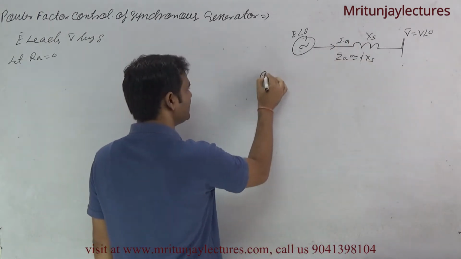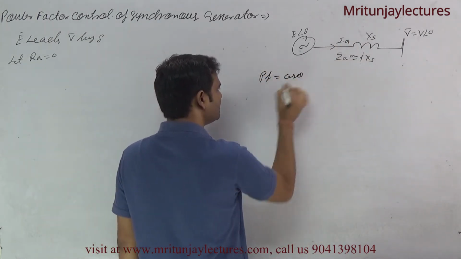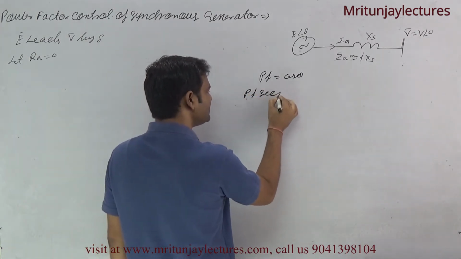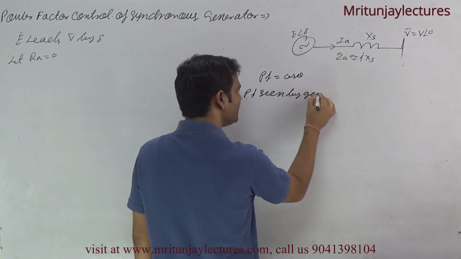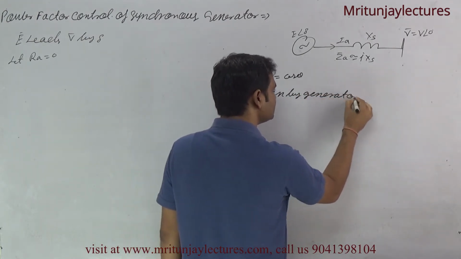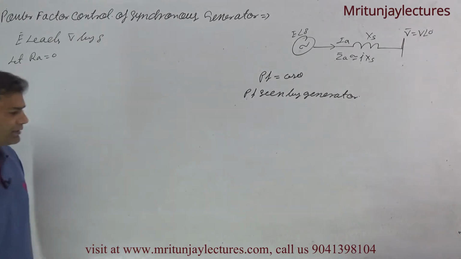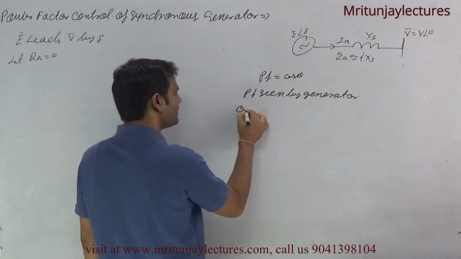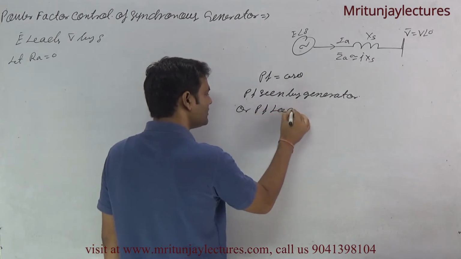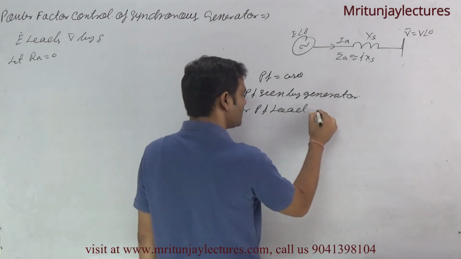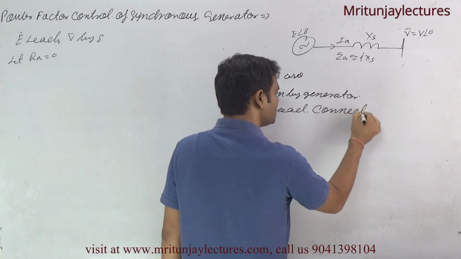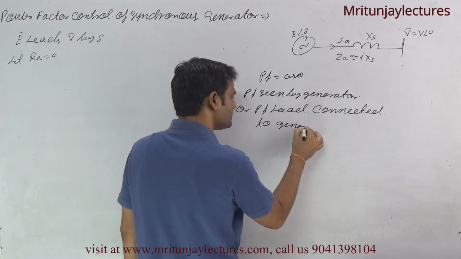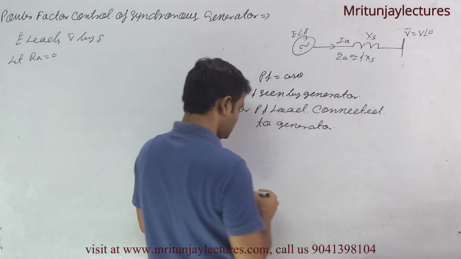Now power factor cos theta is defined as the power factor seen by the generator, or you can say the power factor of the load connected to the generator. Clear? What is the meaning of this?